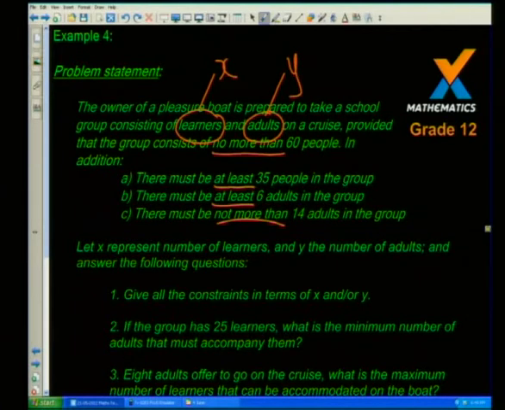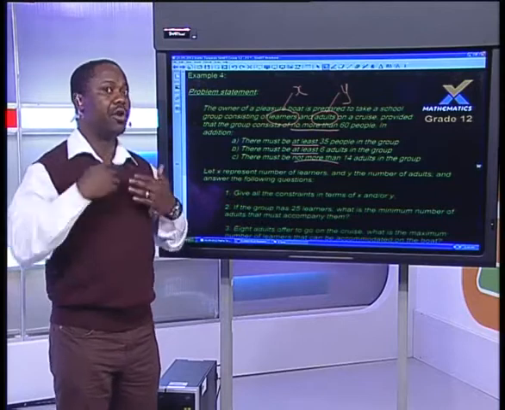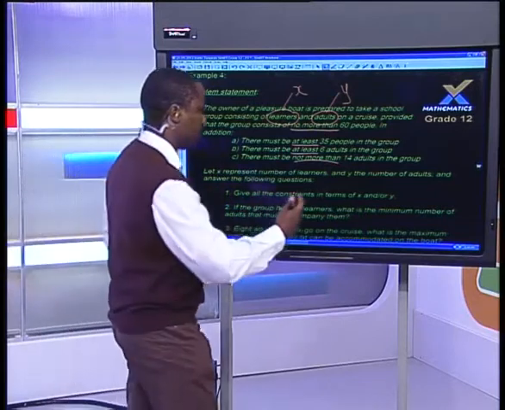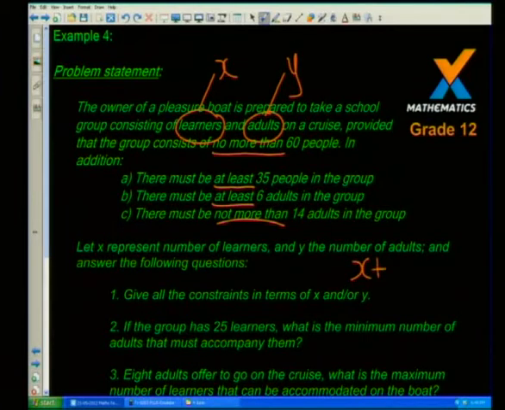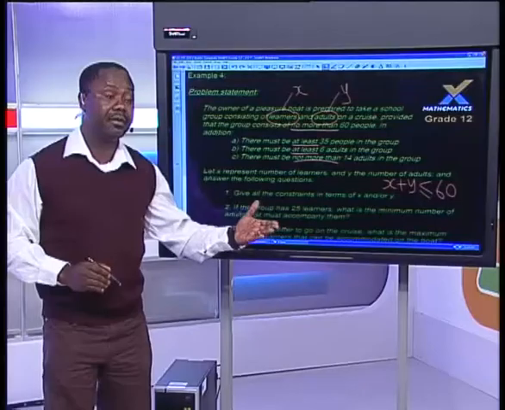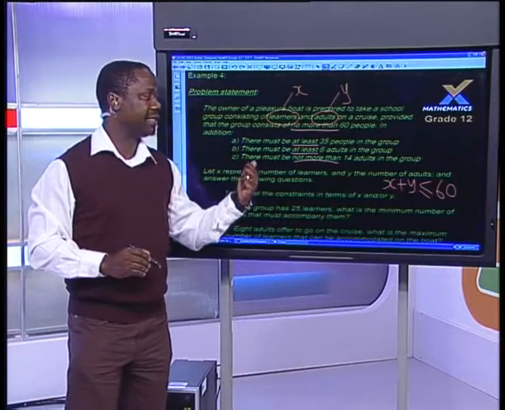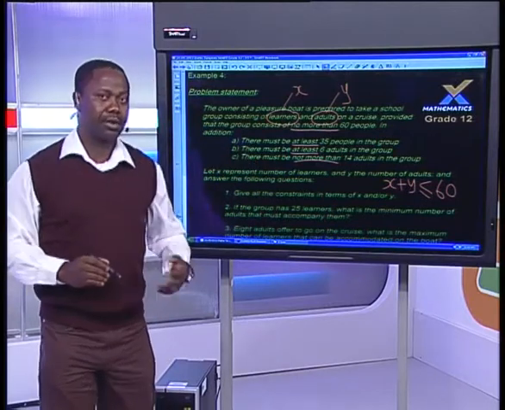So, as we read the question, it was talking about X plus Y, the total not being more than 60. So already you can write here X plus Y must not be more than, which means it must be less than, must not be more than 60. Yet, the additional information says there must be at least 35 people in the group.